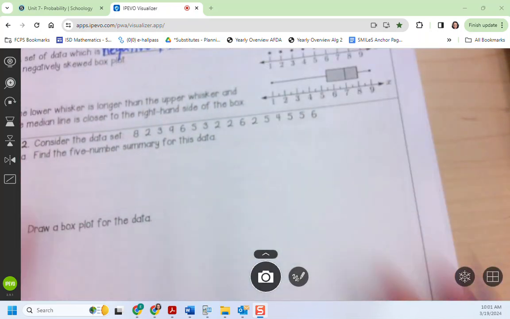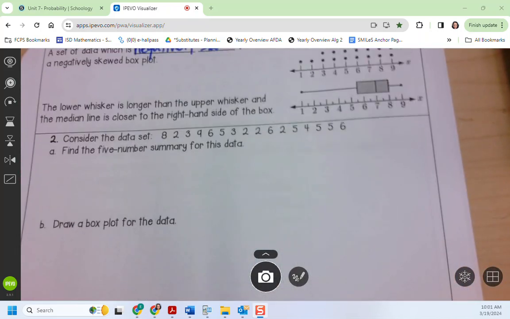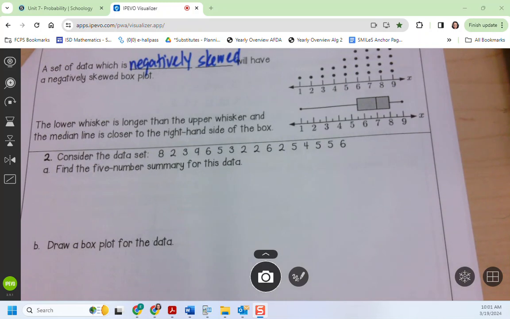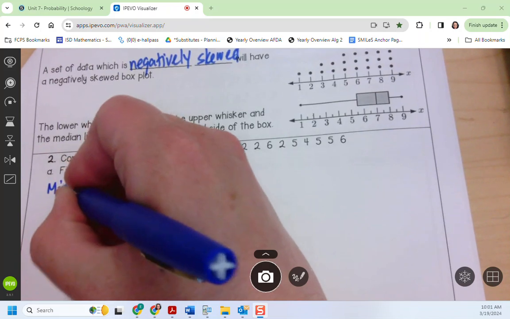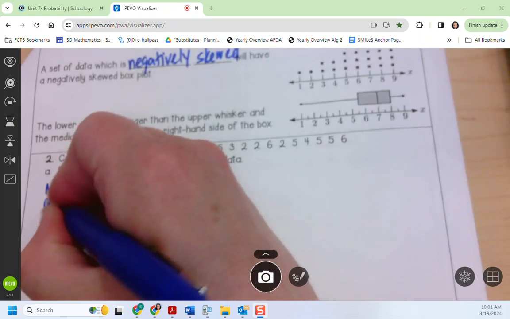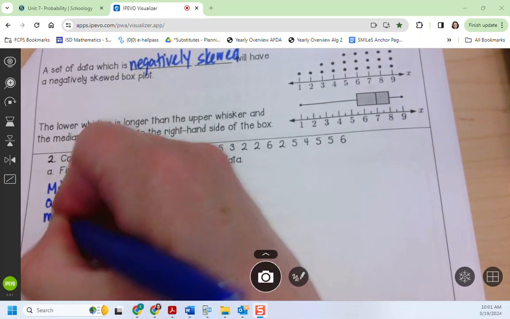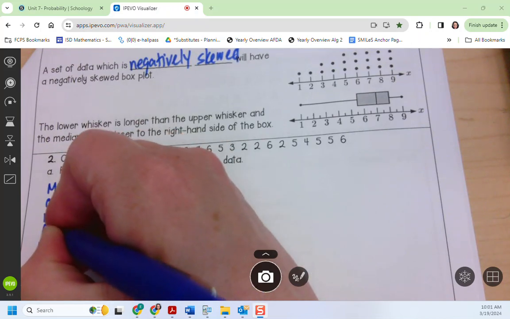Okay. All right, so it says to find the 5-number summary and then draw a box plot for it. So I want you to start by finding that 5-number summary in your calculator. 5-number summary again is min, quartile 1, median, quartile 3, and max.